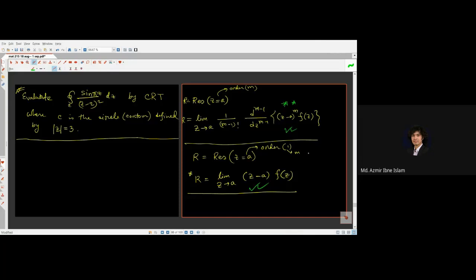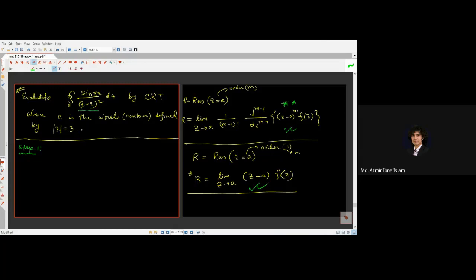So first of all, I hope you can remember all the steps that can be applied to solve any integral by using Cauchy's residue theorem. Step 1 says that we have to find the pole or singularity or singular point of the function.